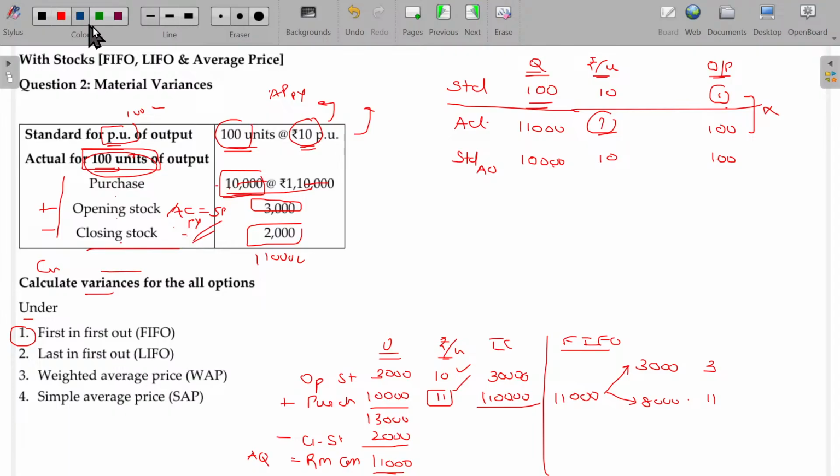Now we can calculate material cost variance: standard quantity into standard price minus actual quantity into actual price.